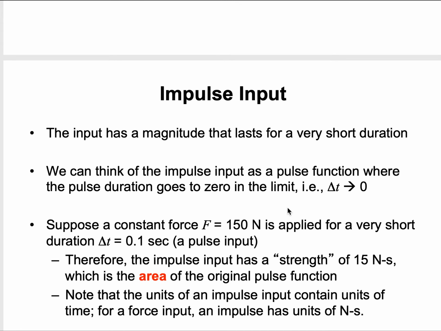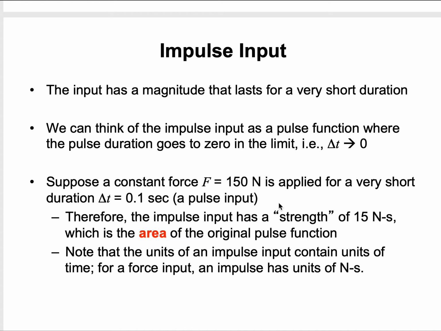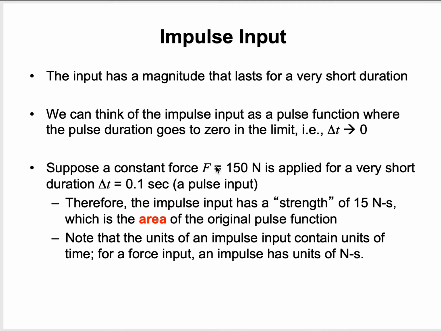So that is called an impulse input. Remember, in dynamics we have an impulse force, a force applied over a very short time interval. That was called an impulse, and we have discussed impulse response in dynamics.